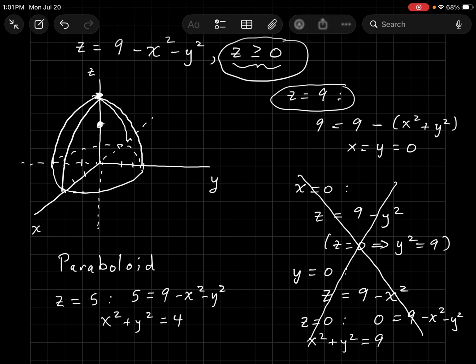So when z equals 5, we would have a circle centered about the z-axis with a radius of 2. So we could have done something like this, but whatever way or approach you like, whether doing this level curve approach or doing kind of a trace approach, usually with x, y, and z equals 0, you should have techniques now that you can use to draw surfaces in three-dimensional space.